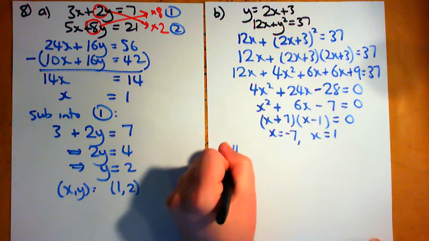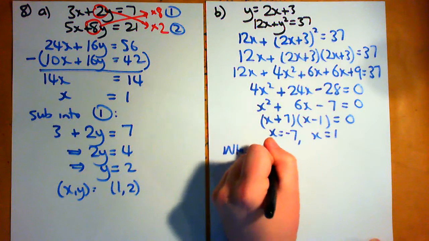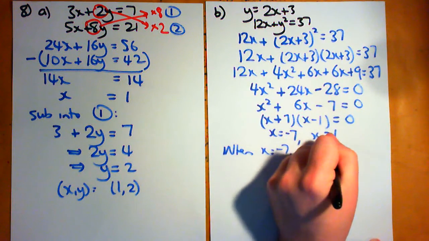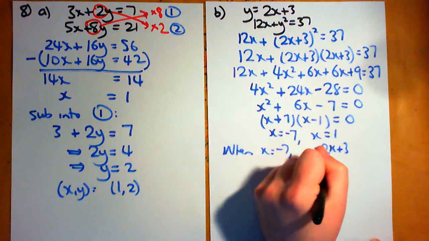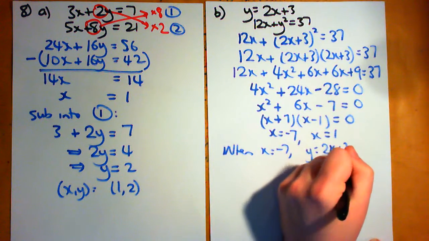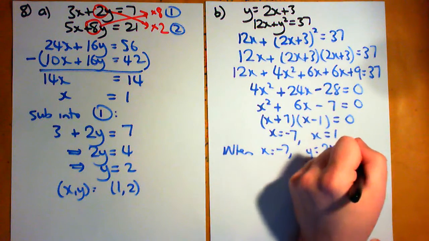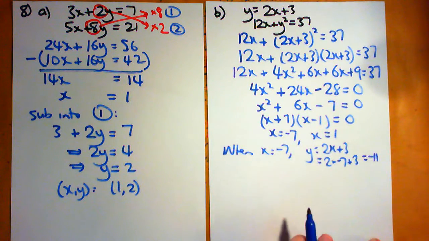So when x equals negative 7, y is going to be 2 times x plus 3, which is 2 times negative 7 plus 3. 2 times negative 7 is negative 14, plus 3 equals negative 11.